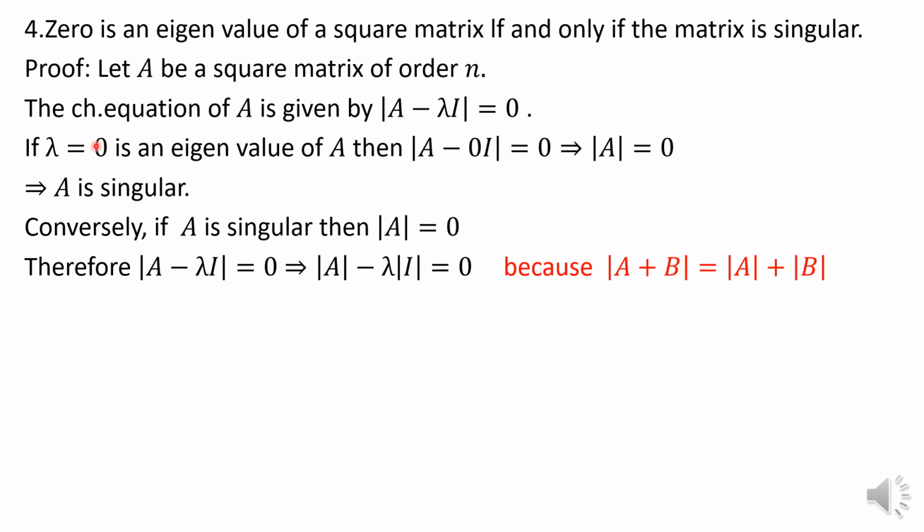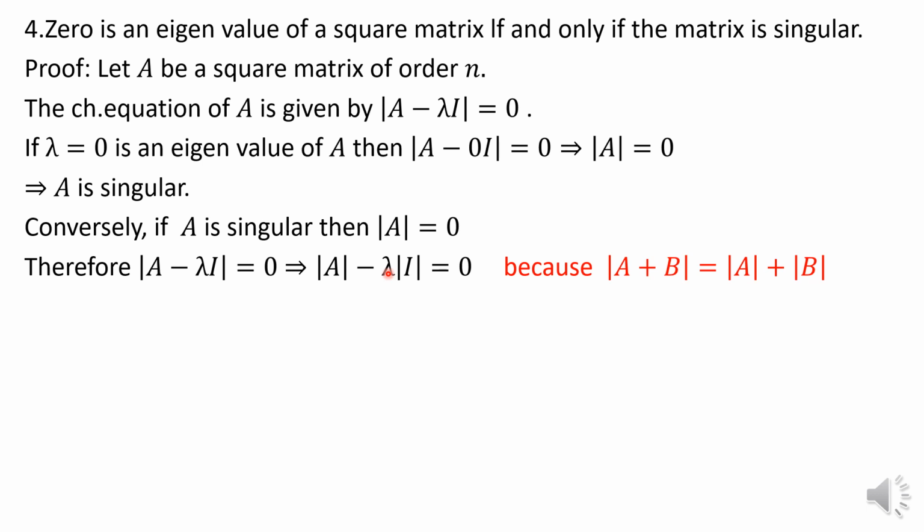For that I am considering the characteristic equation: determinant of A minus lambda I is equal to 0. In the LHS we are going to make use of this result: determinant of A plus B is equal to determinant of A plus determinant of B. It is true for minus also: determinant of A minus B is equal to determinant of A minus determinant of B. So determinant of A minus lambda I on the LHS can be written as determinant of A minus determinant of lambda I. Of course, lambda is a number, a numeral.